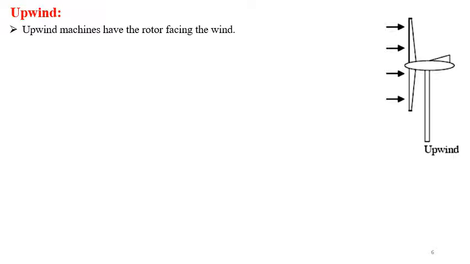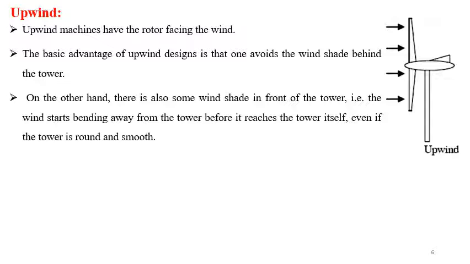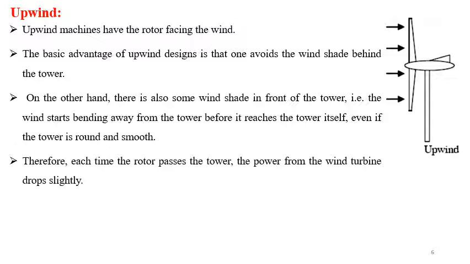Upwind machines have the rotor facing the wind. The basic advantage of the upwind design is that it avoids the wind shade behind the tower. There is also wind shade in front of the tower; the wind starts bending away from the tower before it reaches the tower itself, even if the tower is round and smooth. Therefore each time the rotor passes the tower, the power from the wind turbine drops slightly.